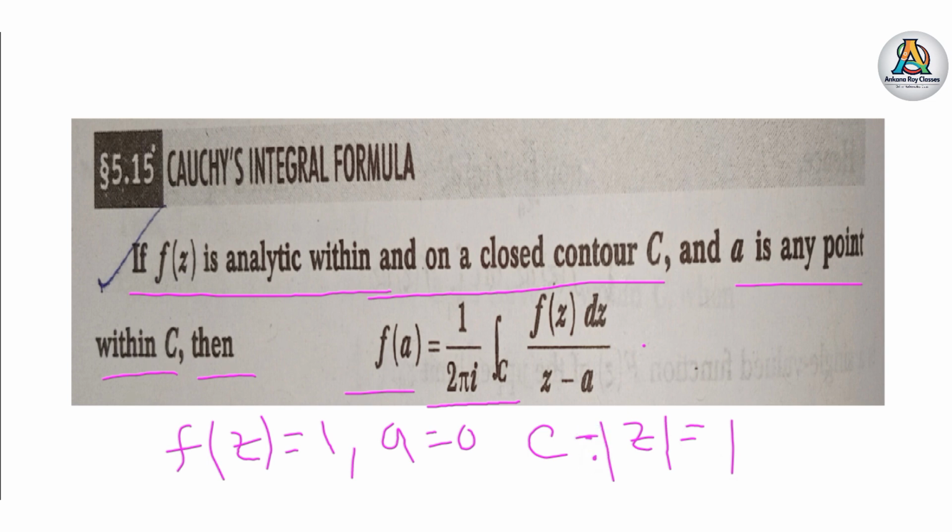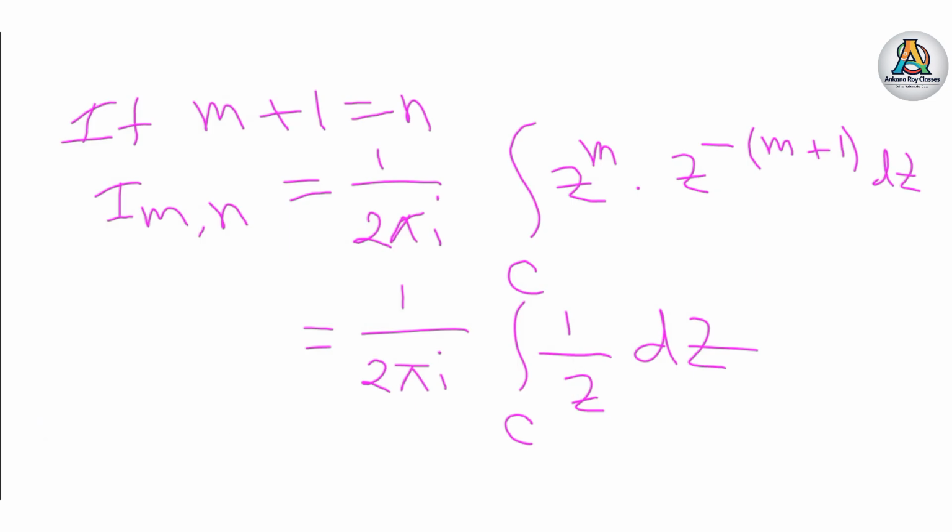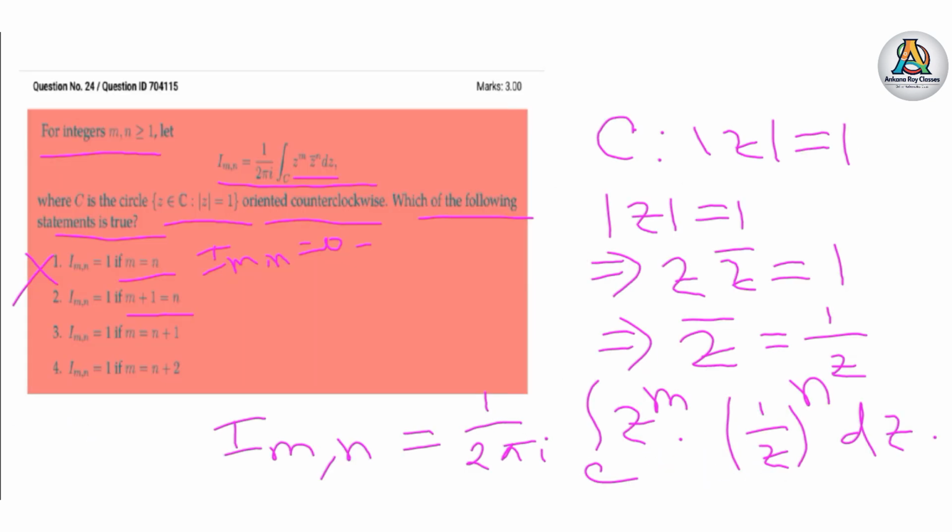Therefore, here we can use Cauchy's integral formula. By using it, we get 1 by 2 pi i into 2 pi i. This is equal to 1. Therefore, option 2 is correct.